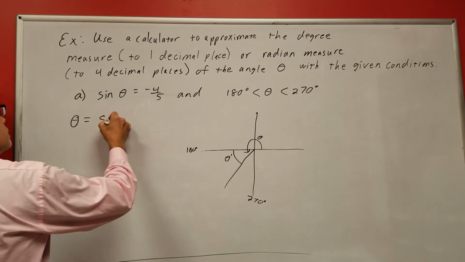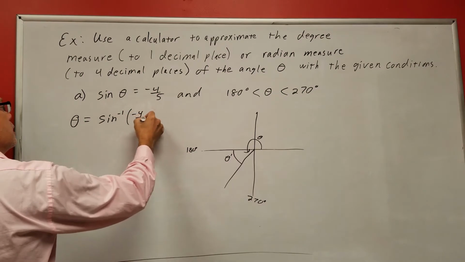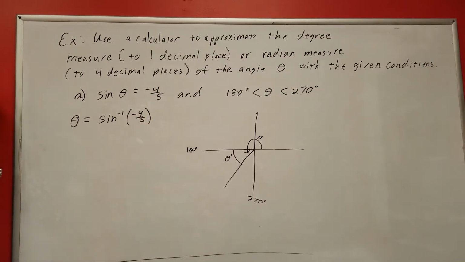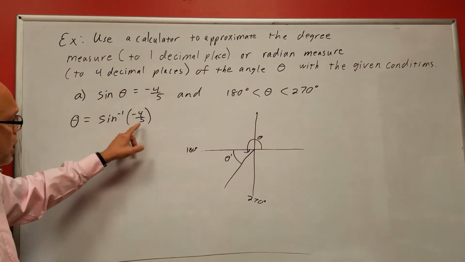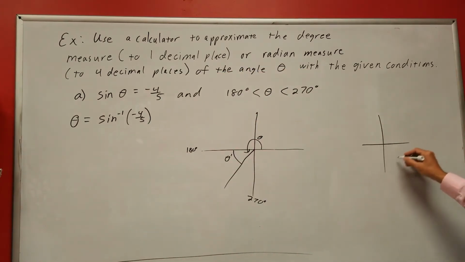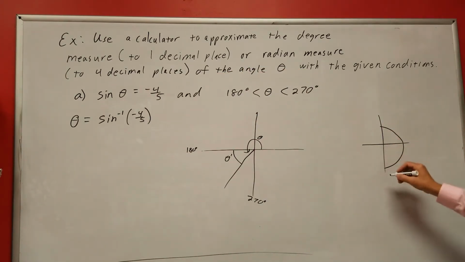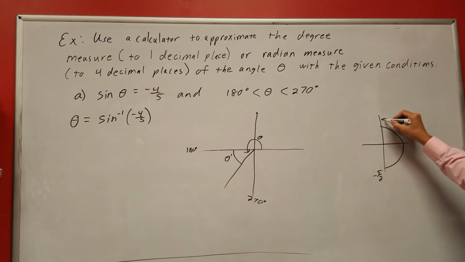How do we write that? We write that as the inverse sine of -4/5, okay? Now think about what this is going to give me. It's going to give me the angle whose sine is -4/5. But that angle falls between -pi/2 and pi/2, right?